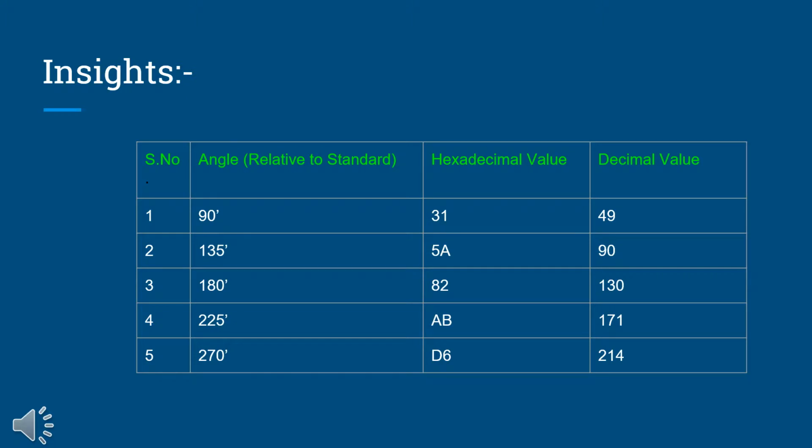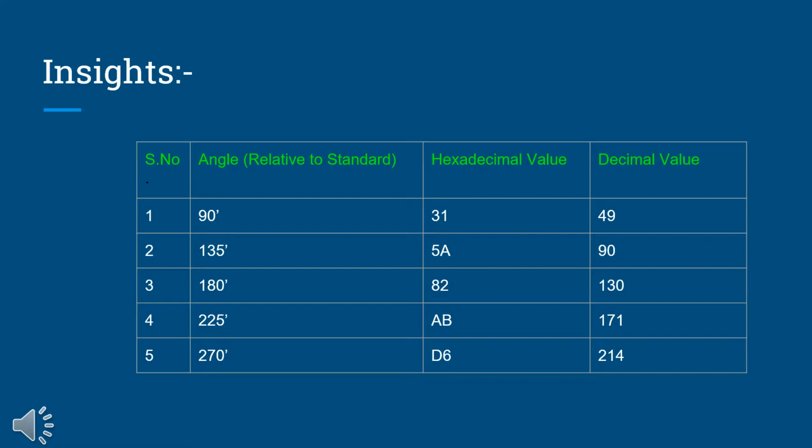Next we look at the second observation. At 135 degrees we get a value of 90, and at 225 degrees we get 171. So the difference is again 81 when we change the angle by 90 degrees. Even in the third and fifth observations, the difference is near 84.